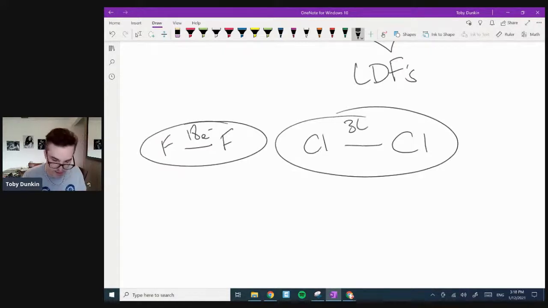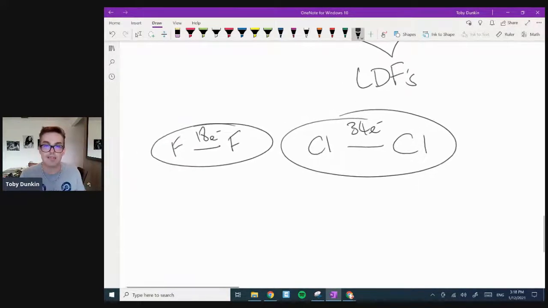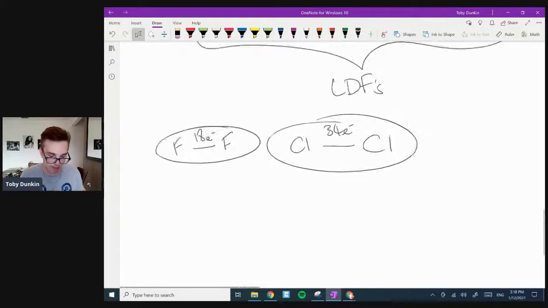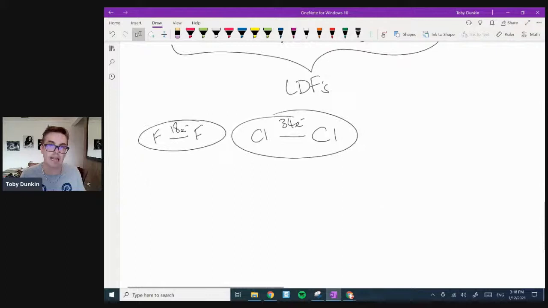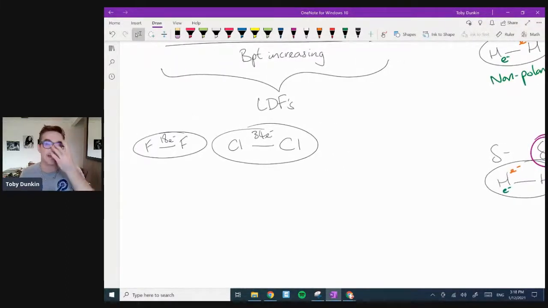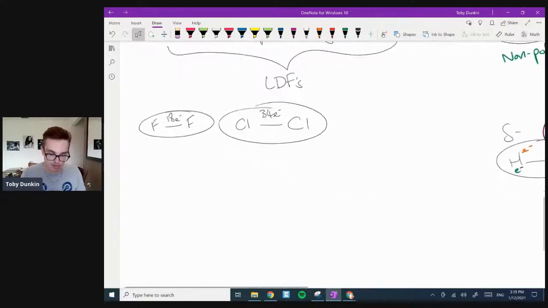This now has 34 electrons. The chances of those electrons being evenly split across the length of the molecule are now getting relatively slim. So the forces increase. The temporary dipoles will last longer and will be larger, because electrons do a rather odd thing.